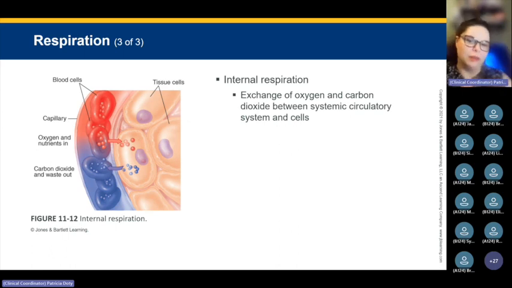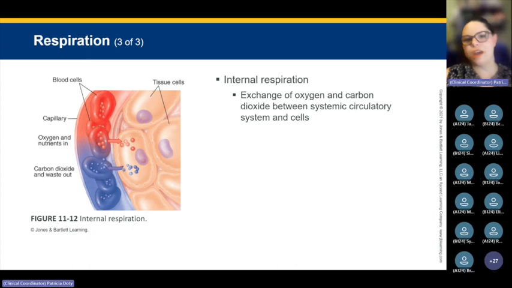be exhaled out. And so cells not only need a constant supply of oxygen to survive, they also need to be able to get rid of carbon dioxide and waste products as well. And they also need that glucose to be converted into energy through aerobic metabolism.